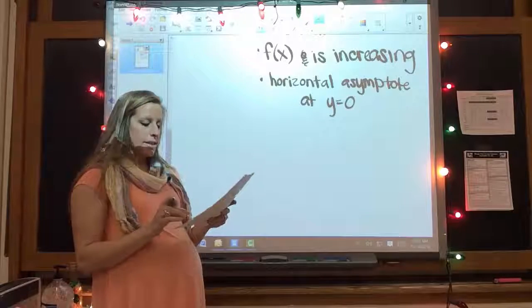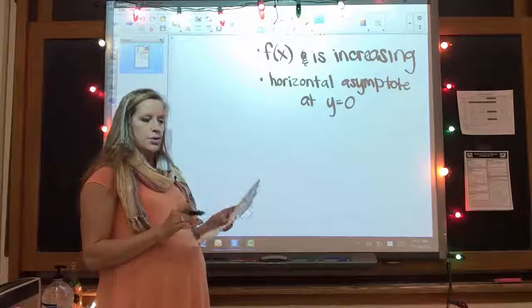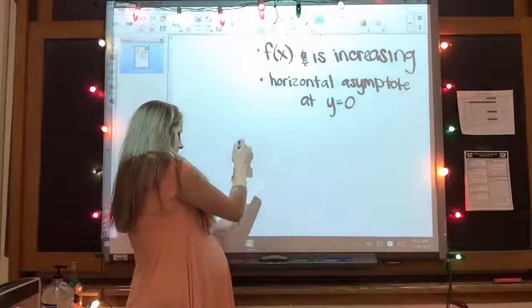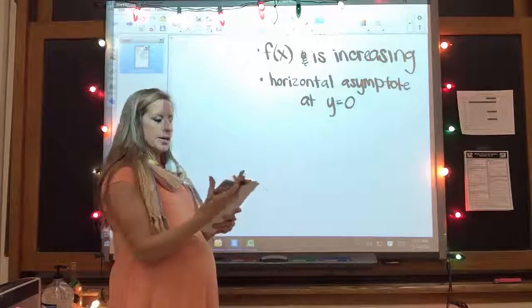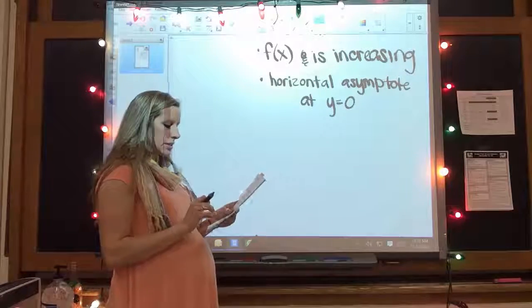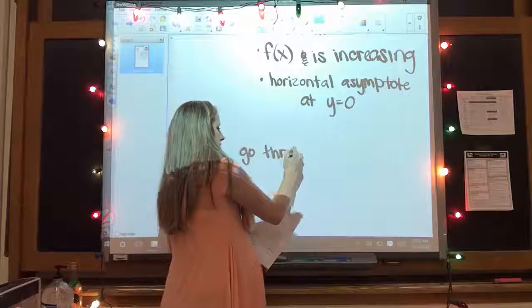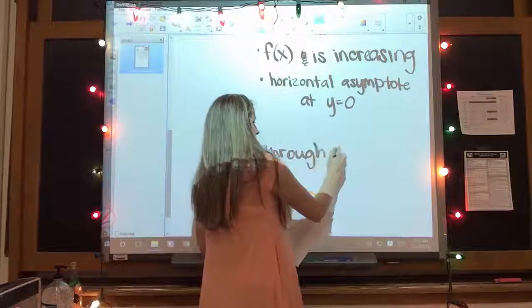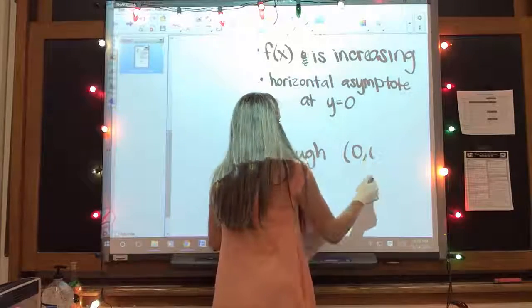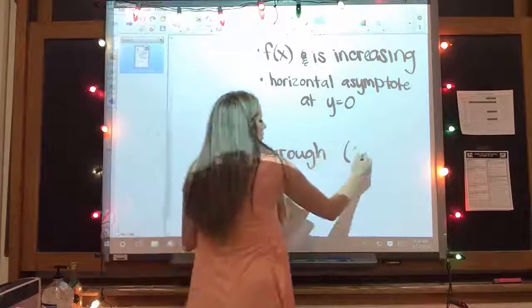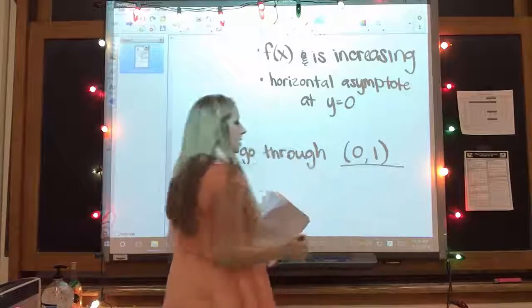On the bottom right, it says all exponential functions will go through blank. We're only going to use the first blank because all exponential functions go through the point 0, 1.